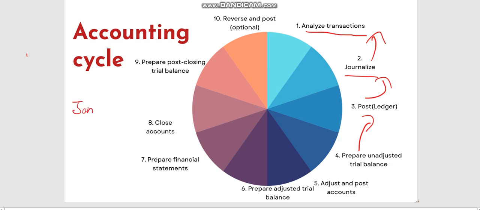Imagine that this business's accounting period is a month. On January 30, it incurred a transaction: it bought $1,000 of product on credit.